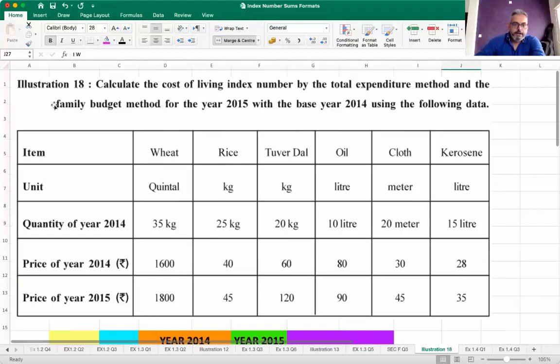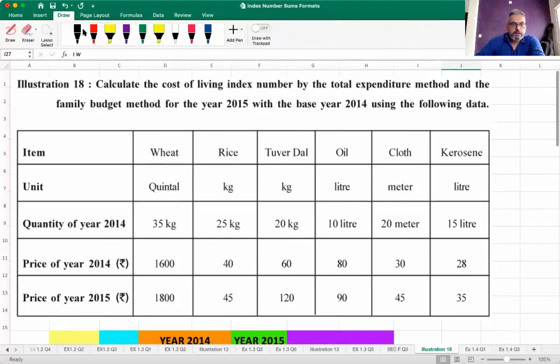Illustration 18: calculate the cost of living index number by total expenditure method and the family budget method for the year 2015 with the base 2014 using the following data. Now let's check it, beta. Items: wheat, rice, tur dal, oil, cloth, kerosene.